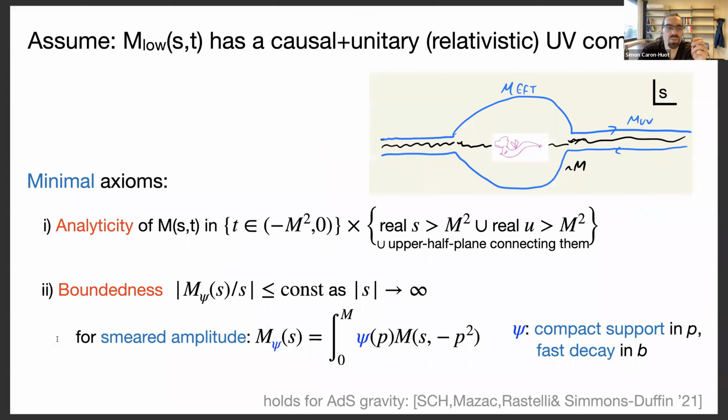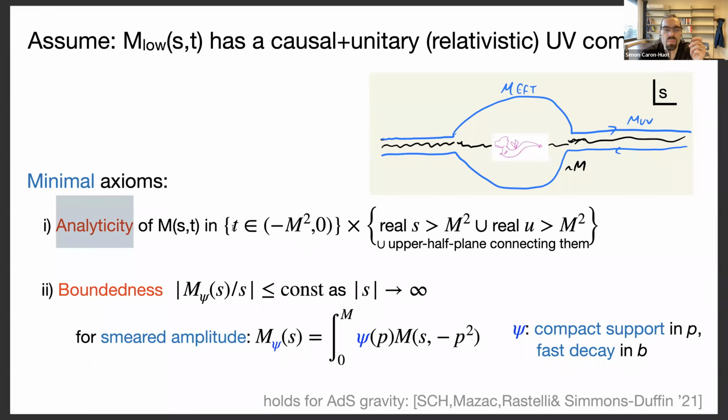Our minimal assumptions are these. Physically, we assume that this scattering amplitude is causal and unitary at all scales, and is relativistically invariant at all scales. What this gives us is analyticity of the scattering amplitude, and to be fully precise, we need analyticity in a region of the following form.